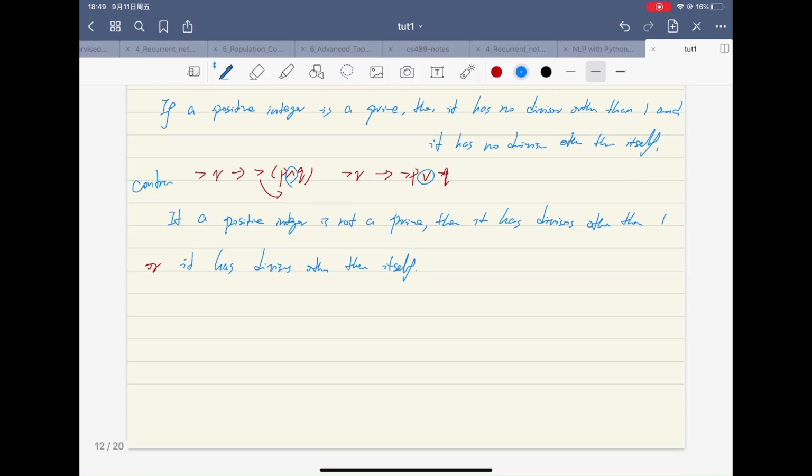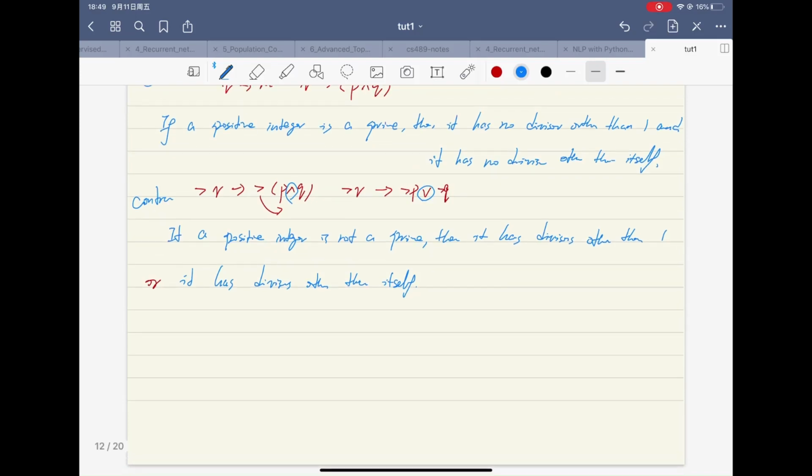Right? Makes sense, right? If a positive integer is not prime, then it has a divisor other than 1 or other than itself. Right? And the last one is inverse.